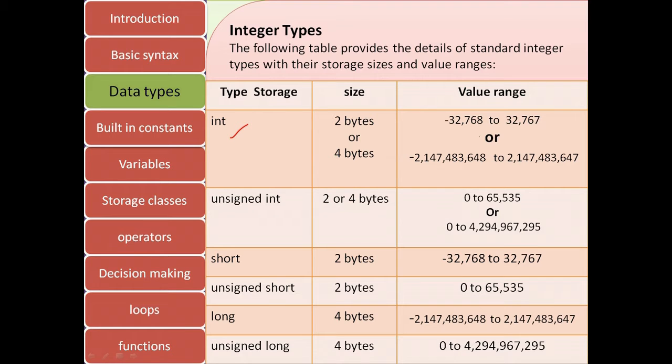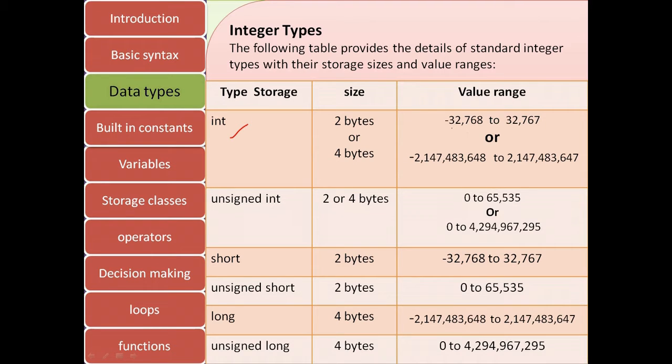The reason of negative range is because int by default is signed int. So as it can take both negative values and positive values, it will be minus 32,768 to 32,767, as 0 is included in positive values, making it half negative and half positive.